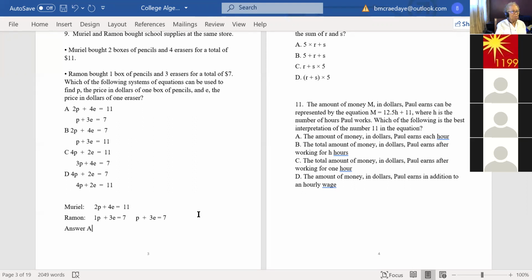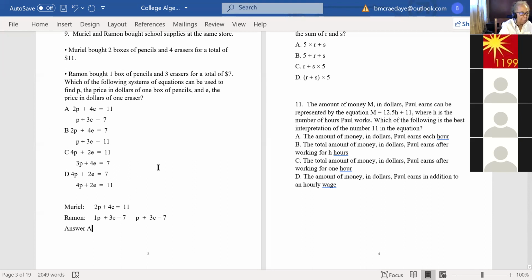Okay. Well, maybe the big P's may have confused you. They said it can be used to find p, the price in dollars of one box. See, it was a little p. So it may have been my confusion, putting the large P's, but the little p's go in both sets of equations, okay?